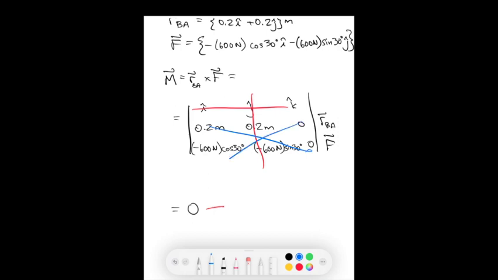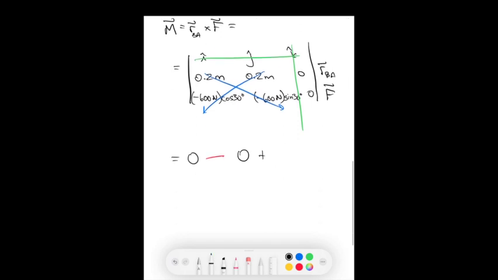Minus, also 0, plus, so we have k hat times 0.2 meters times negative 600 sine 30 minus negative 600 newtons and cosine.